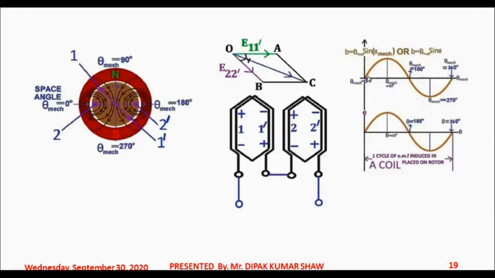On the right hand side you can view the variation of B, the magnetic flux density, along the air gap periphery. What you can view is that the space distribution of magnetic flux density along the air gap periphery is sinusoidal in nature.